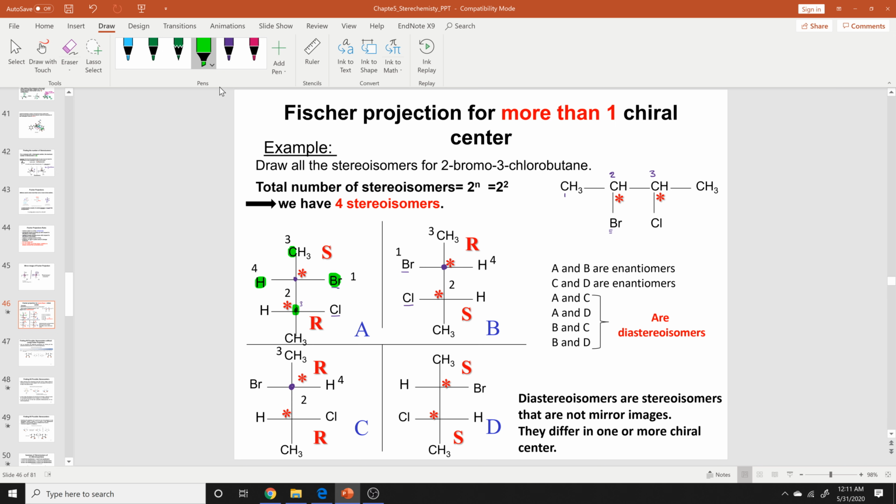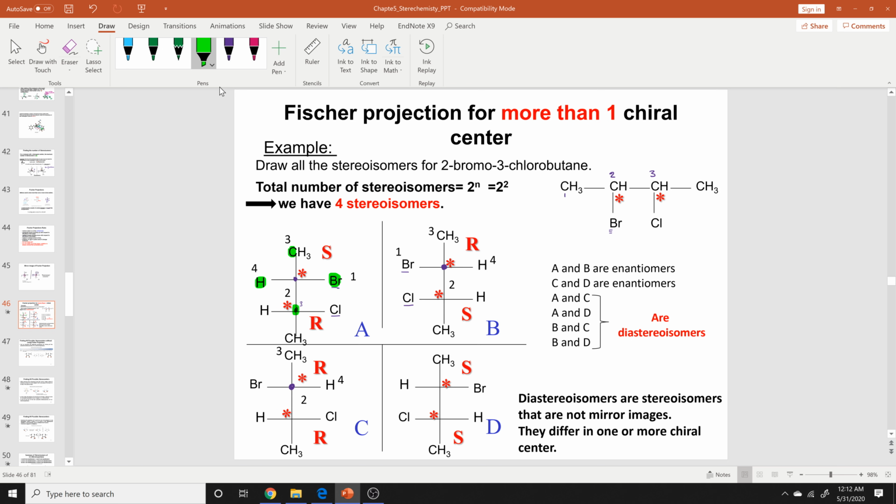Now I know between bromine, 2 carbons, and the hydrogen, bromine is the highest priority, so bromine is going to be priority number 1. These 2 carbons are a tie, so I have to look at the second atom that is connected to the carbon. This is carbon hydrogen, this is carbon chlorine. Then carbon chlorine is going to be the second highest priority.